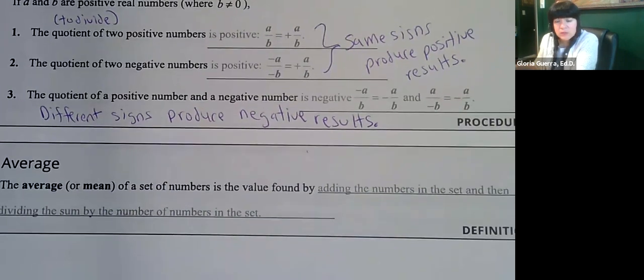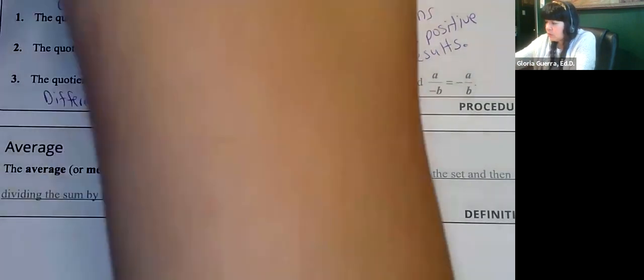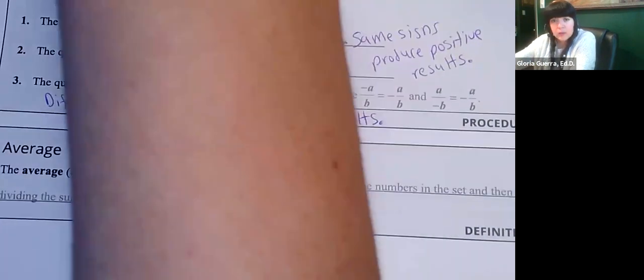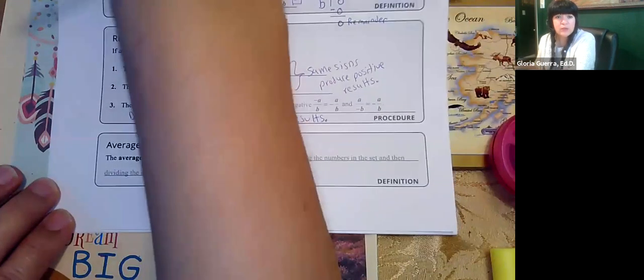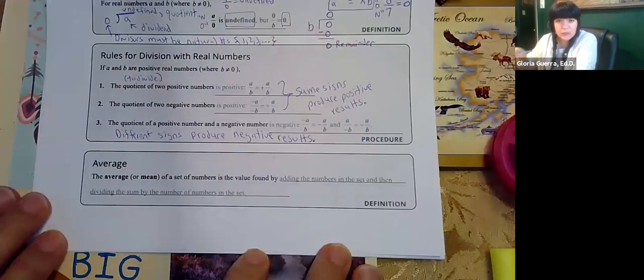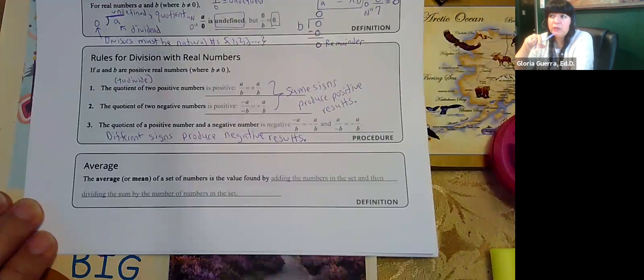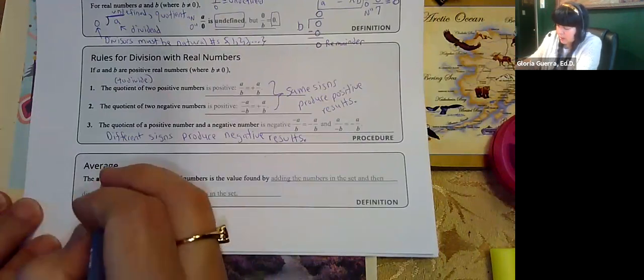The other thing I need to say is, let me decrease this. Going back to your rules, sometimes you're going to need to multiply a lot of negative numbers or a lot of positive numbers. So this is a good rule to have.